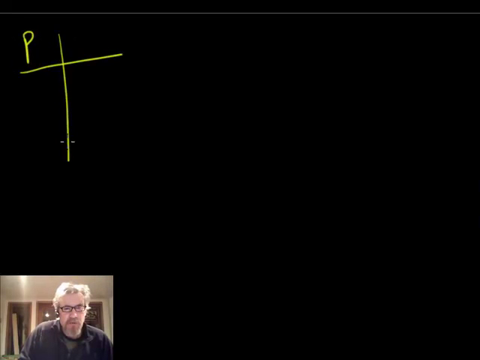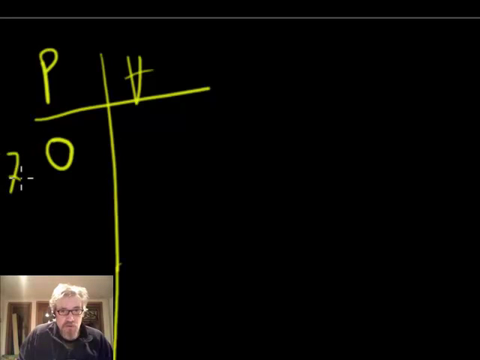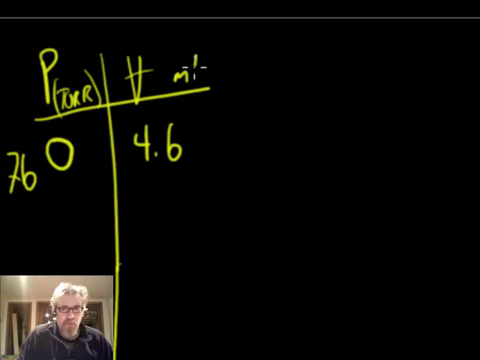Let's make a table that has all the measurements from the movie. So I'm going to make a column for pressure, and I'm going to make a column for volume. Now we found that when the pressure was 0 vacuum, in other words 760 torr, the volume was 4.6 milliliters.